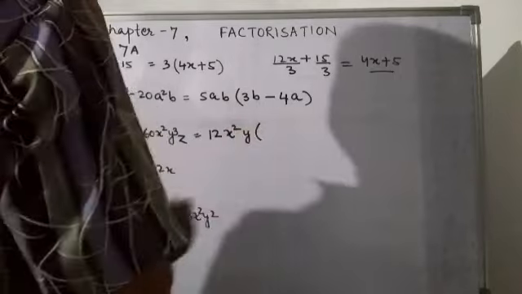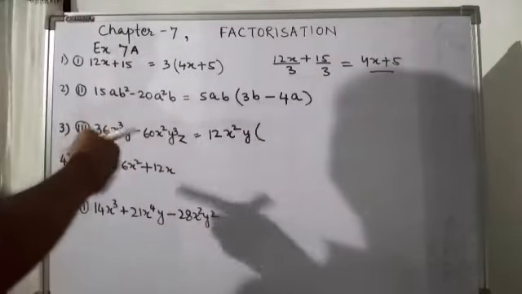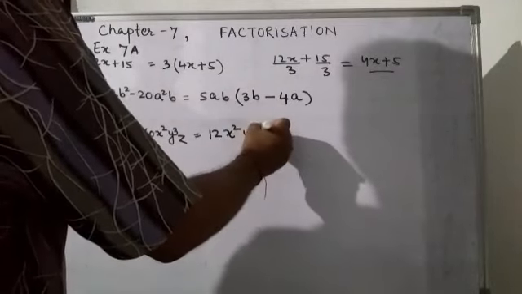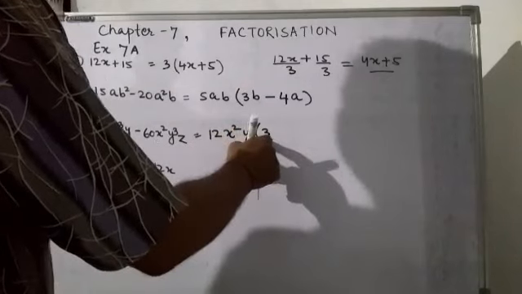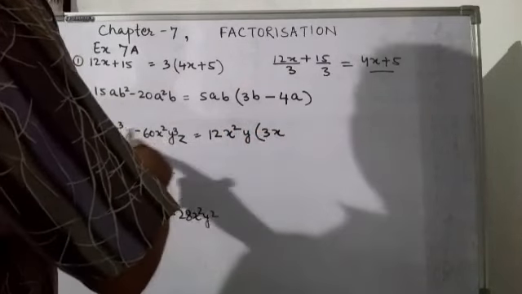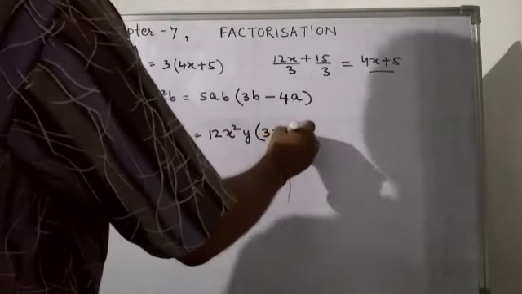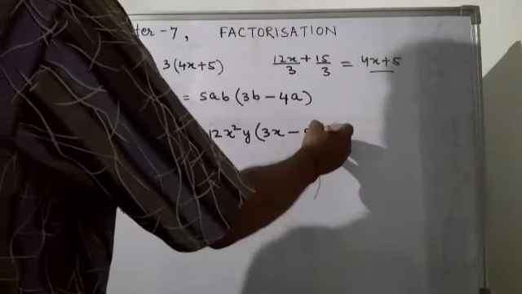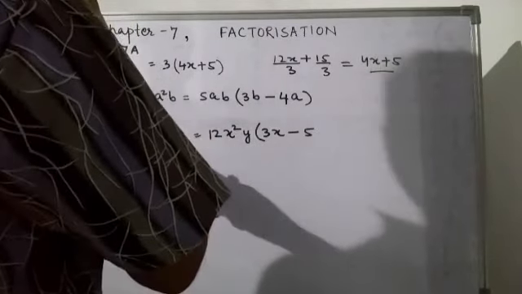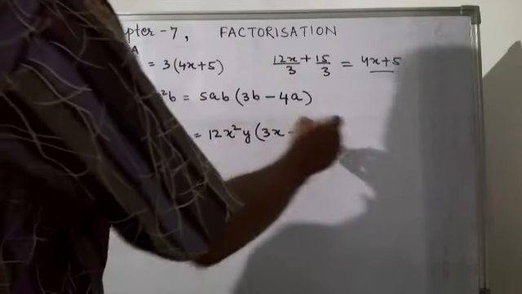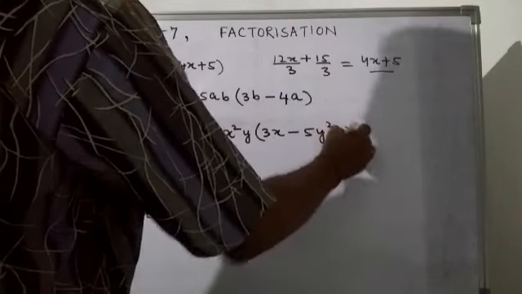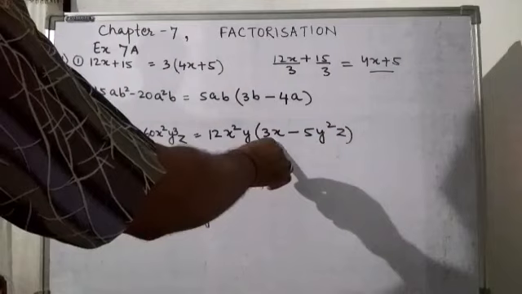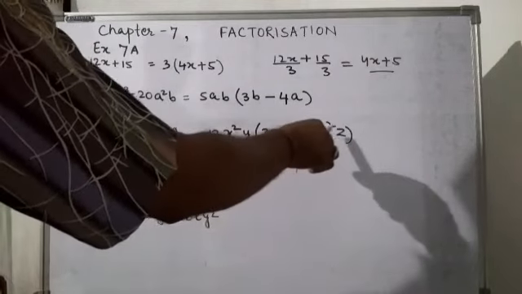So what is the remaining quotient of this division? 12 3s are 36, x, minus 12 5s are 60, and y cube by y gives y square z. So the highest common factor is 12x square y into the quotient 3x minus 5y square z.